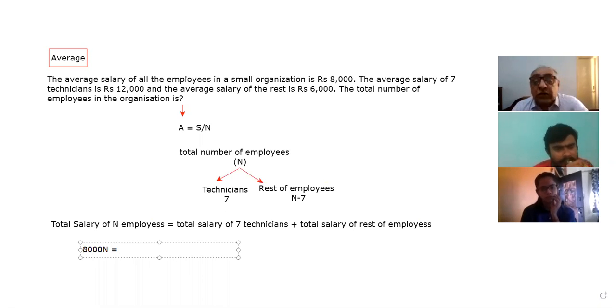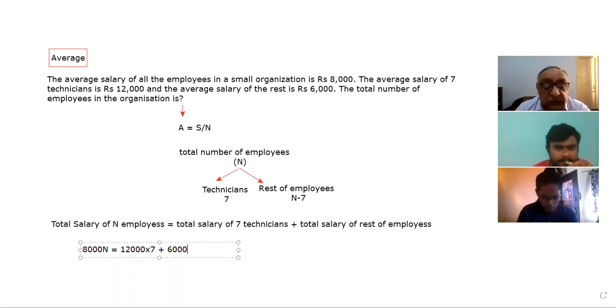That is equal to average salary of 7 technicians, 12,000 multiplied by 7, plus average salary of rest of the employees, 6,000 multiplied by the number of employees, n minus 7. Is it clear to everybody?